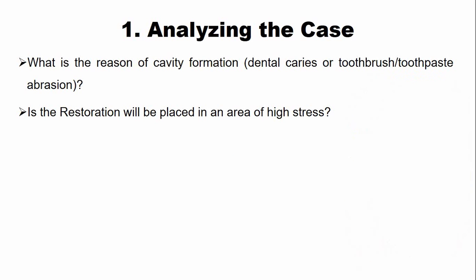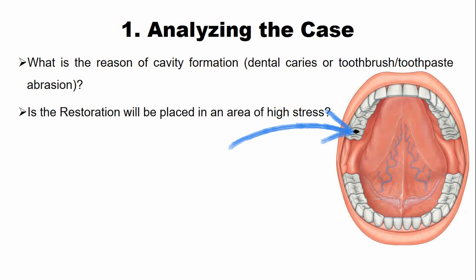Will the restoration be placed in an area of high stress, or in the anterior region where the stress is comparatively less? In our case, the restoration will be placed on the occlusal surface of the maxillary second molar, which is a high stress area.